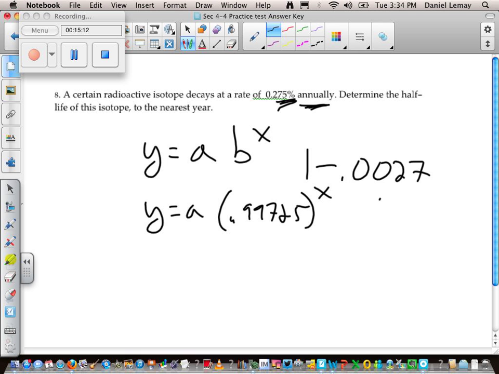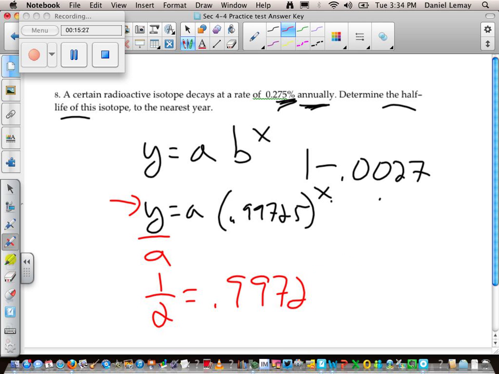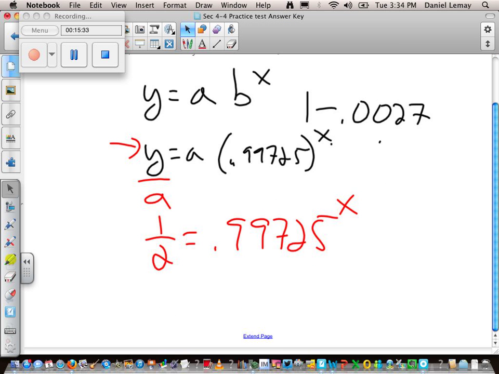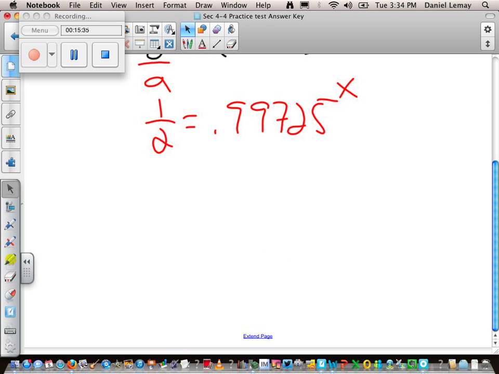We're looking for the x. We're looking for the t. Now, how does this half-life come into play? Well, if I take the present amount and divide it by the original amount, that had better be equal to a half if it's the half-life. Then we're going to take the log or the ln of both sides to isolate that x.